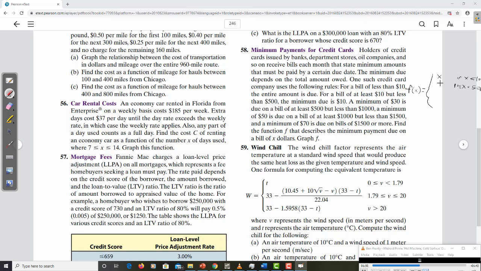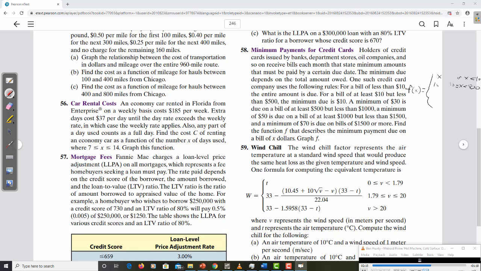Oh, I ran out of space there. I'll redo that. So 10 less than or equal to x less than 500, then we're paying $10.